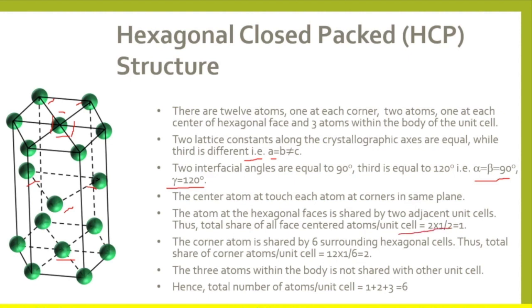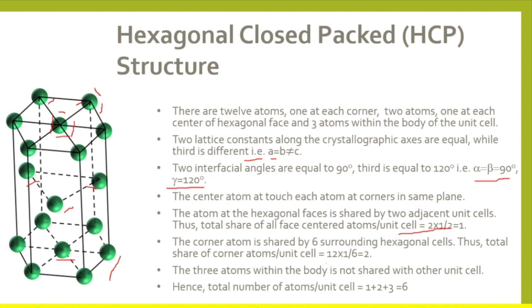Coming to the corner, you can see 6 atoms here on the top side, 6 on the bottom side. So these are surrounded by 6 hexagonal cells. So one atom contributes only 1 by 6, and there are 12 atoms.